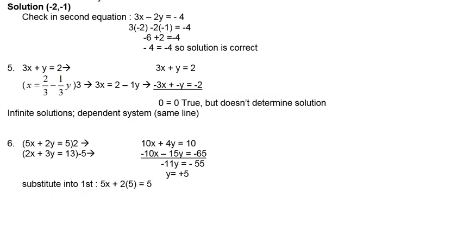So that's going to give me 5x plus 10 equals 5. Subtract 10 from both sides. And we're going to get 5x equals negative 5. So x will be negative 1.